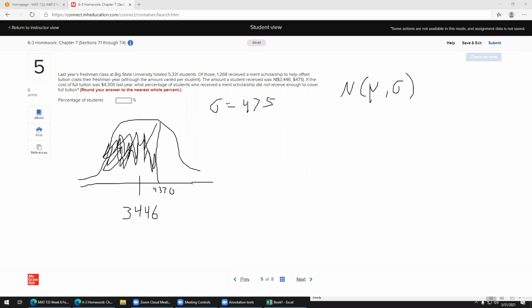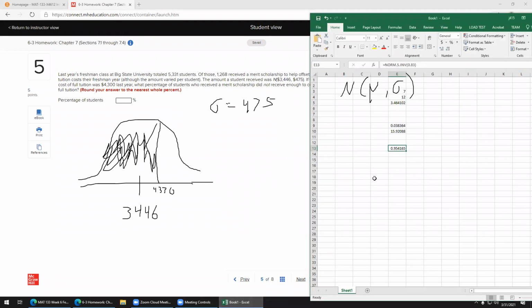So I then bring up Excel. I can find the z-score and use tables if you want. Again, you can read the announcements or look at the other videos I have posted on that, but I am going to continue to use technology. Since I have a mean, I am going to do NORM.DIST. My X is the value in the problem, so 4,300.